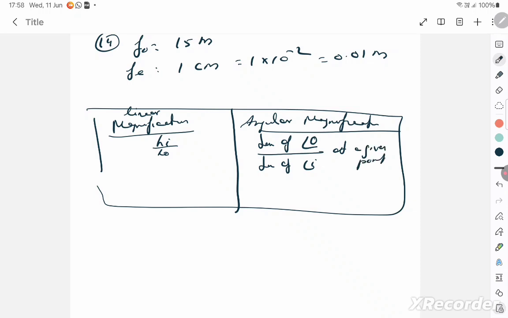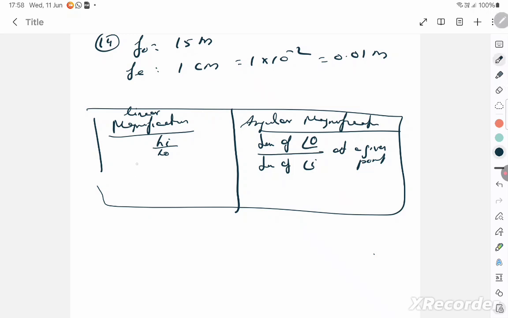At a given point you can see how is the object angular magnification, how is the image angular magnification. It is the ratio of the tan of the angle subtended by an object and by the tan of the angle subtended by the image at a given point.